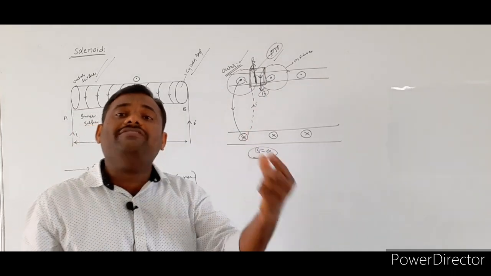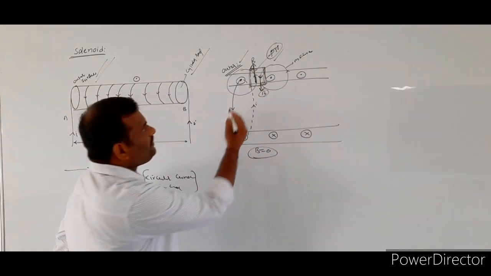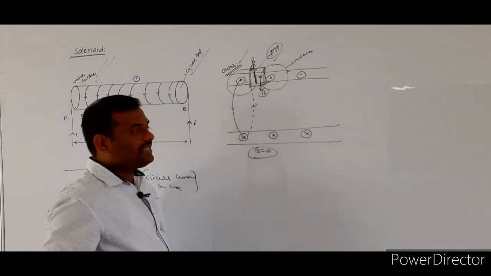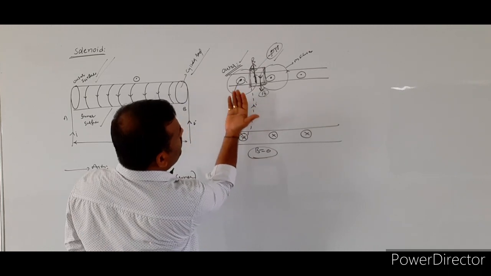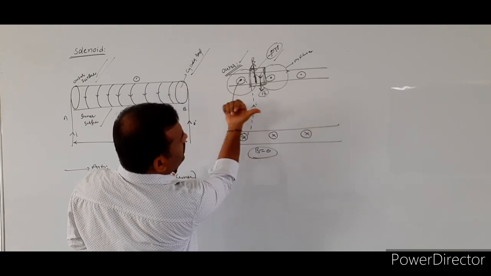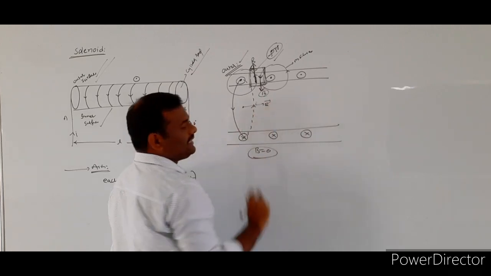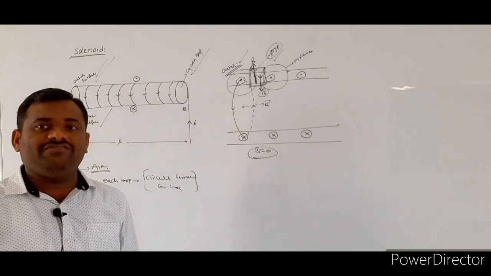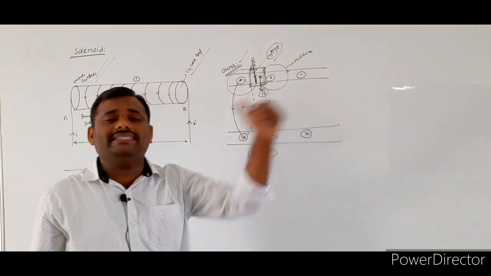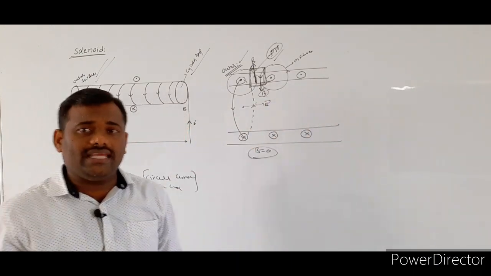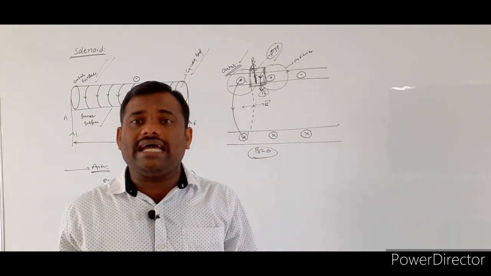Then where will the magnetic field exist? If you look at the first loop, the current is flowing in this direction, and the thumb represents the direction of the magnetic field. Already we discussed the magnetic field intensity at the axial point due to a circular current carrying loop.